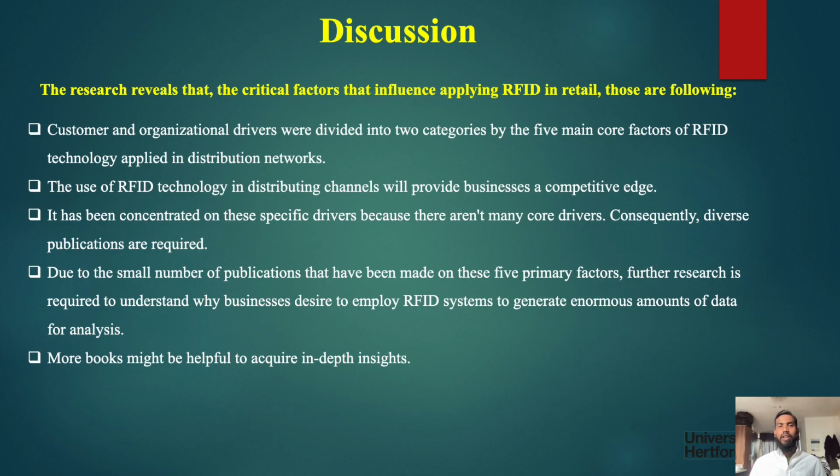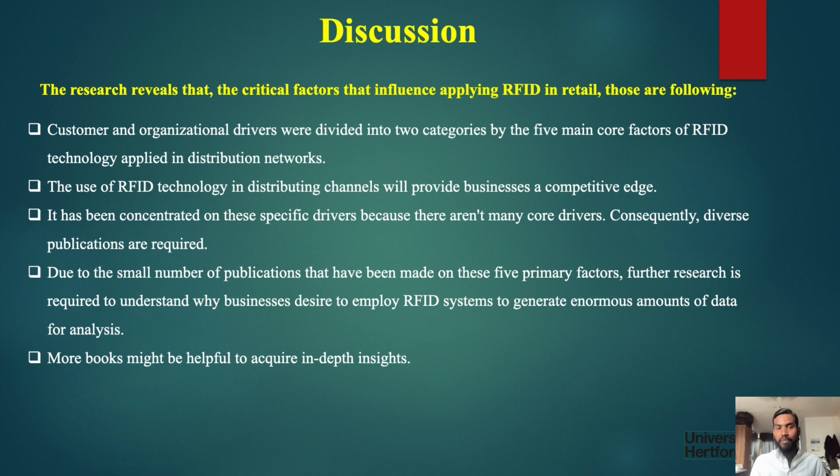Here you can see my discussion, where I have included what I found after doing this research. First, customer and organizational drivers were divided into two categories by the five main core factors of RFID technology applied in distribution networks.